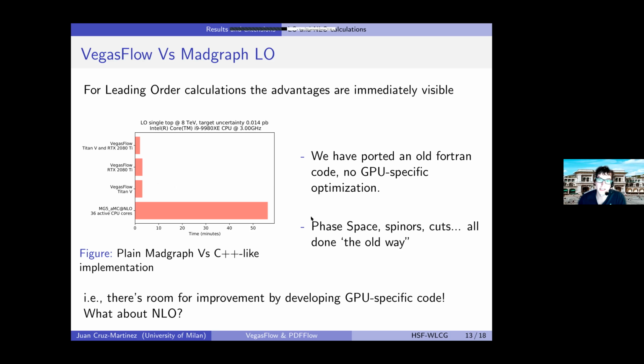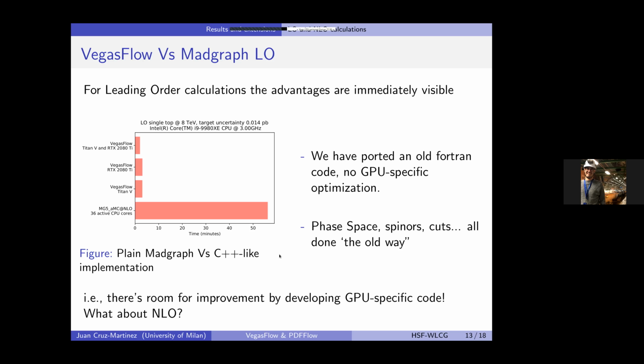There are changes such as the PDF interpolation, which in MadGraph I'm going to guess by default would be LHAPDF, I'm not sure, while we are using PDFFlow.